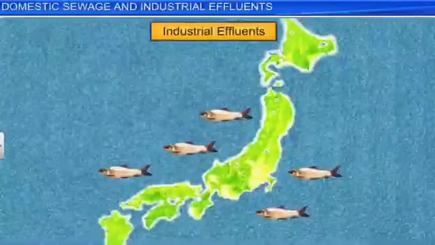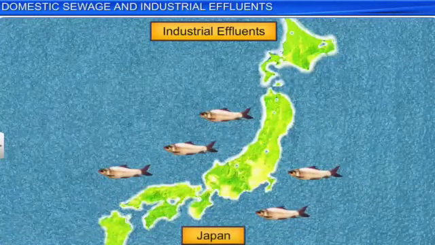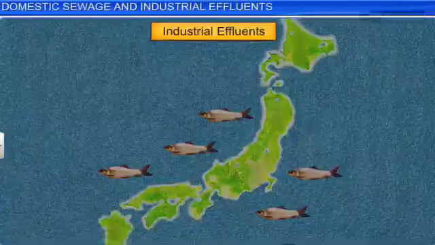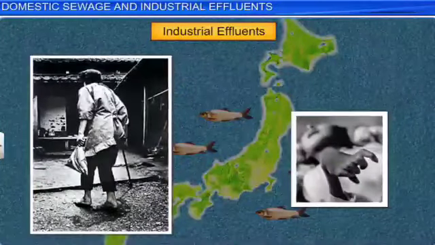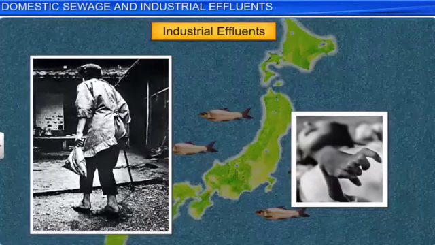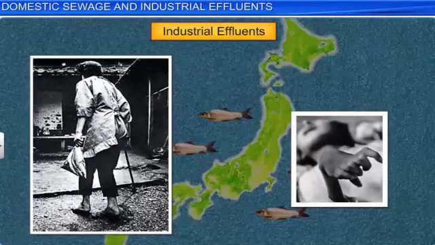An example of water toxicity and its effects can be seen in Japan. In the 1950s, several people fell ill and even died due to the consumption of mercury-contaminated fish.